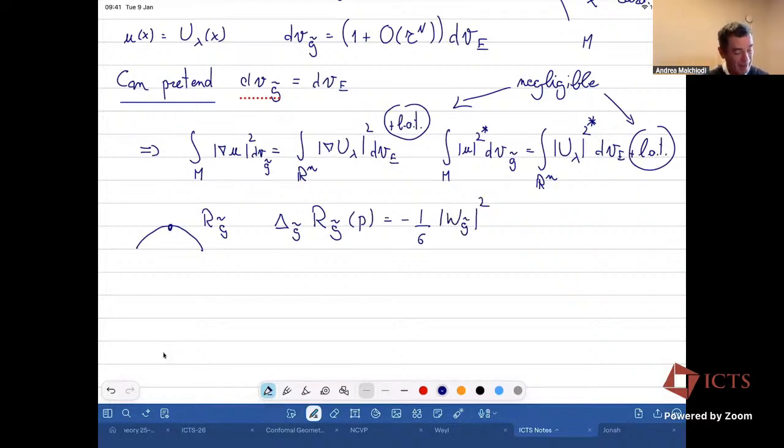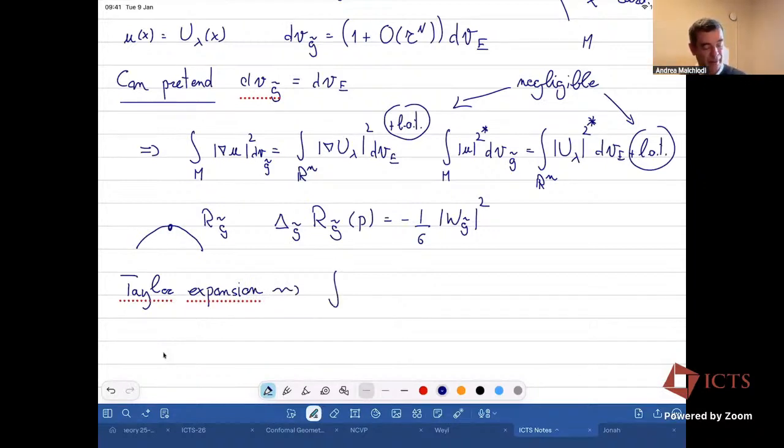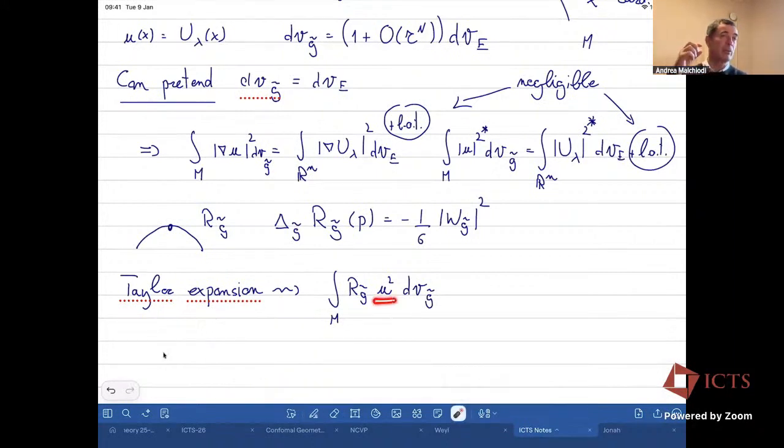So it follows from a Taylor expansion, and there are more details in the notes, that the integral of Rg tilde u squared dVg tilde tends to 0, because the sequence u lambda is converging weakly to 0.